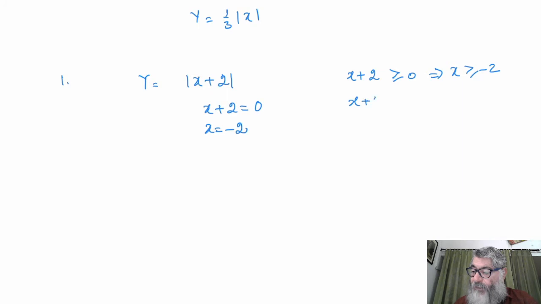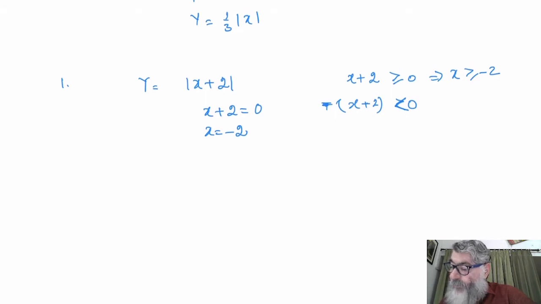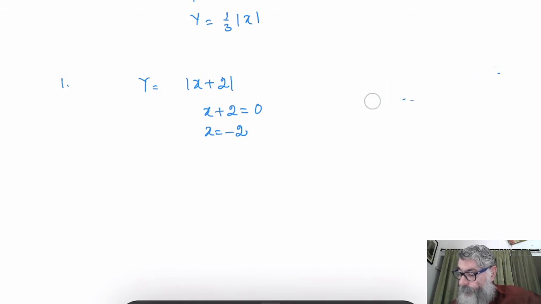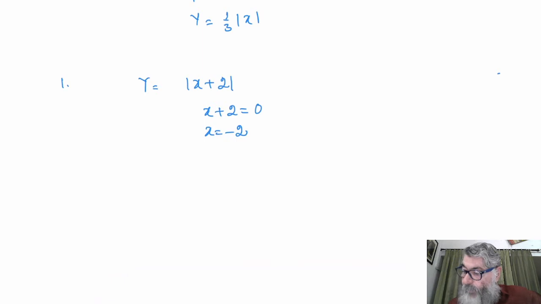Just a moment, we have to do it again. y will be x plus 2 if x plus 2 is greater than or equal to 0, that means x is greater than or equal to minus 2.